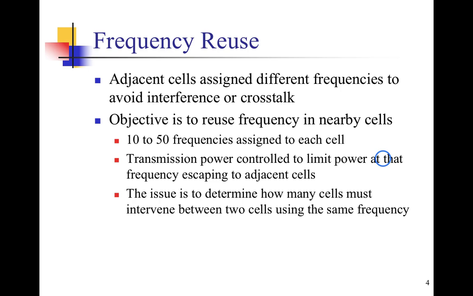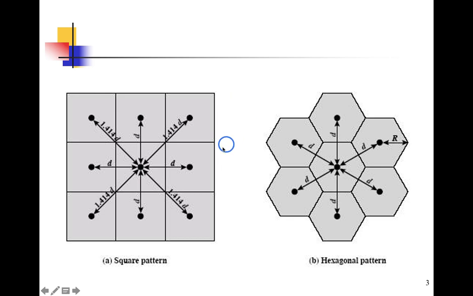In a cellular network, there is what is called frequency reuse. Adjacent cells are assigned different frequencies to avoid interference or crosstalk. So if you look at this one, for example, this one cell, and this one, and also this one cell.